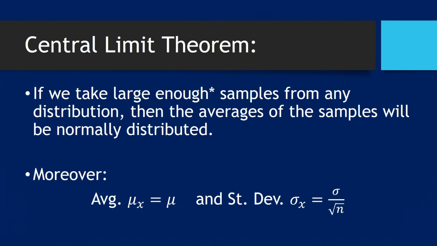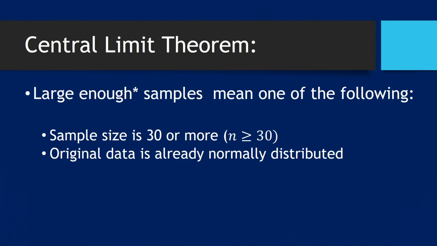So this allows me to connect the idea of samples and the sample averages to the original population average. And that's why the central limit theorem is so powerful. Now, you'll notice that I have large enough with an asterisk there. What I mean by large enough can mean one of two things.